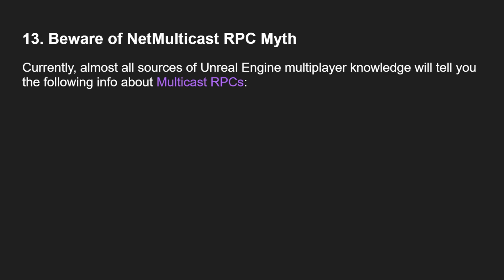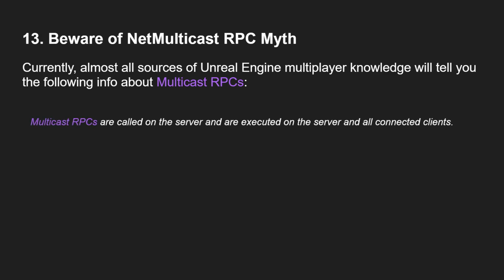Okay, tip number 13: beware of the multicast RPC myth. Currently, almost all sources of knowledge on multiplayer will tell you the following piece of info about multicast RPCs, whether they're official sources or non-official ones. They will tell you that multicast RPCs are called on the server and are executed on the server and all connected clients.